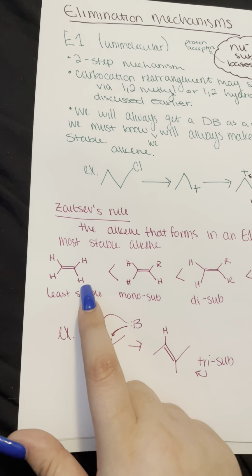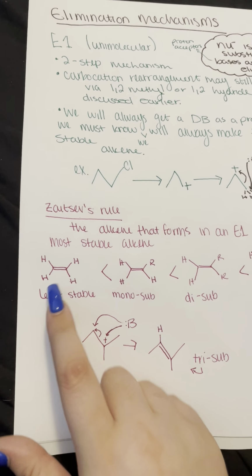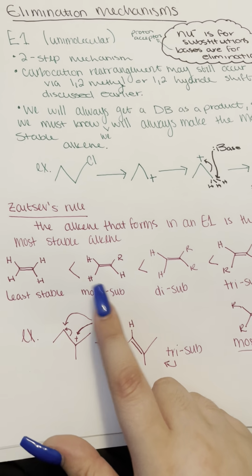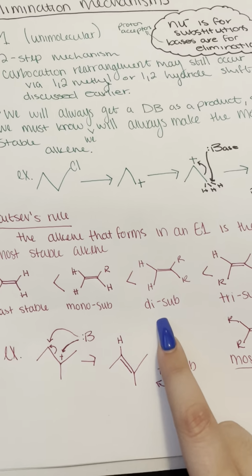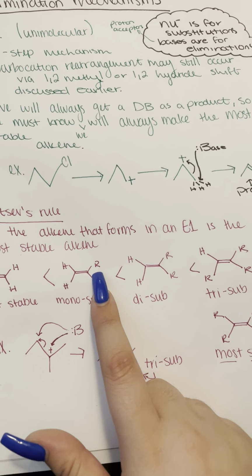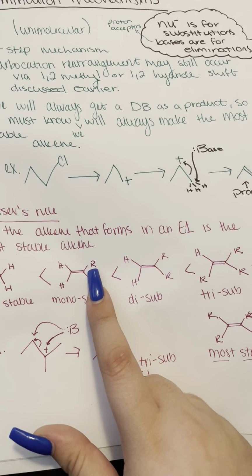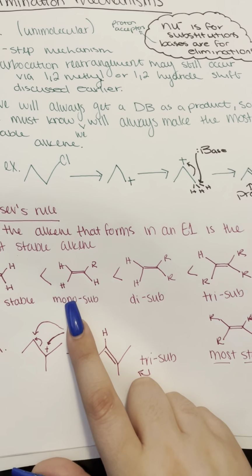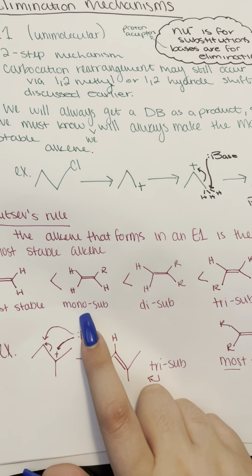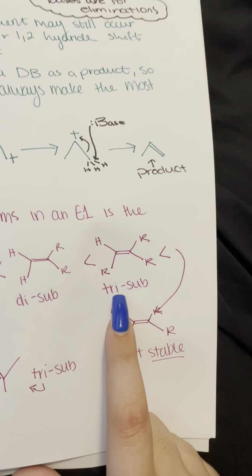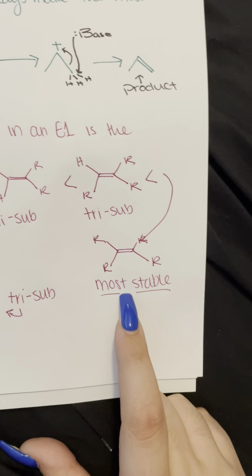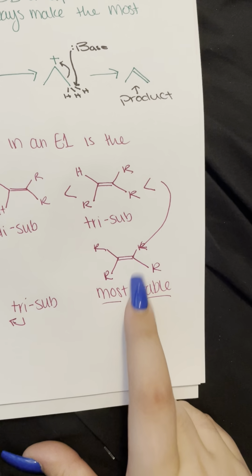This is least stable because it is attached to 4 hydrides, and it gets stronger with every substitution that there is with R or anything. Here's a mono-substituted alkene, di-substituted alkene, tri-substituted alkene, and the most stable is where it's completely substituted.